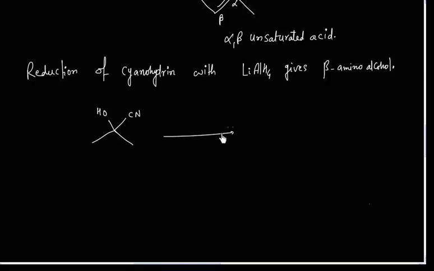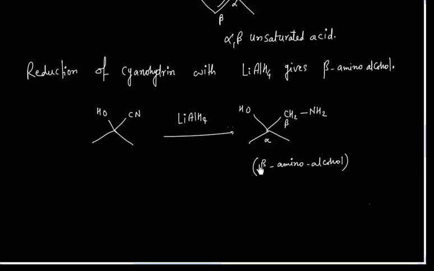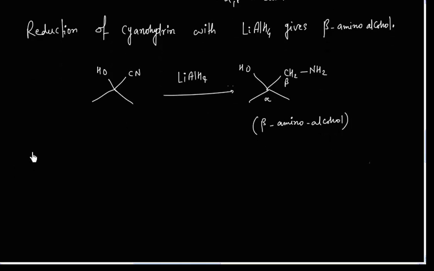So if this is treated with lithium aluminum hydride, we get this. So this is a beta amino alcohol, because at the beta position we have an amino group.